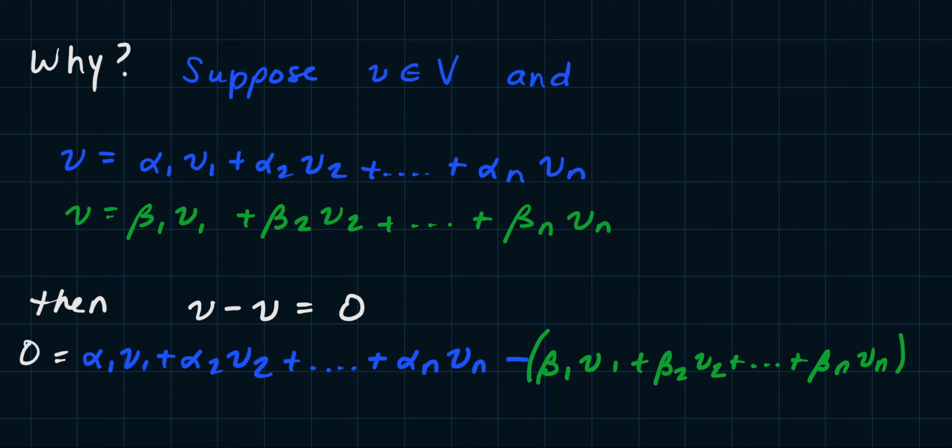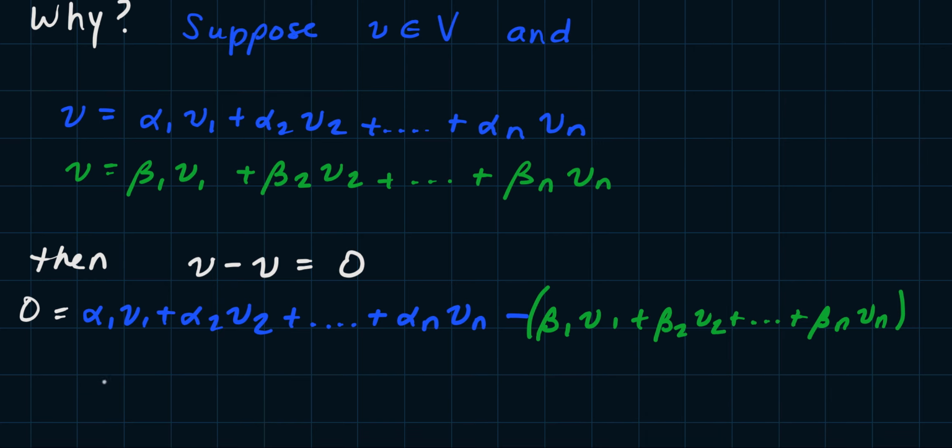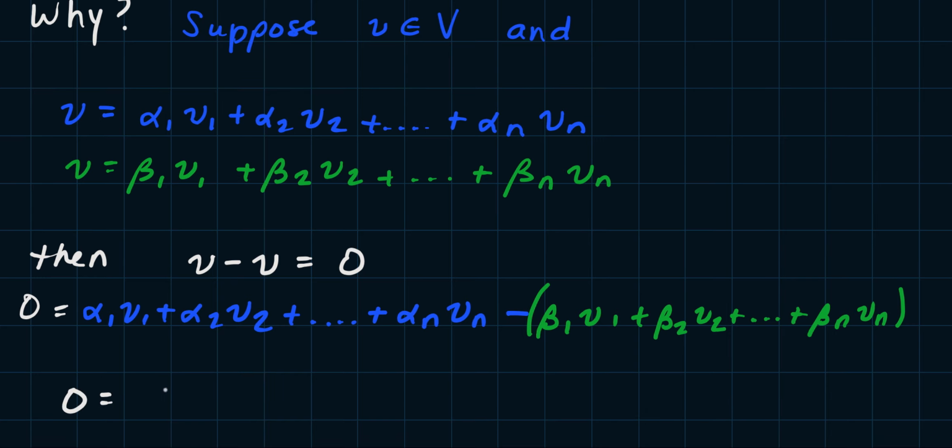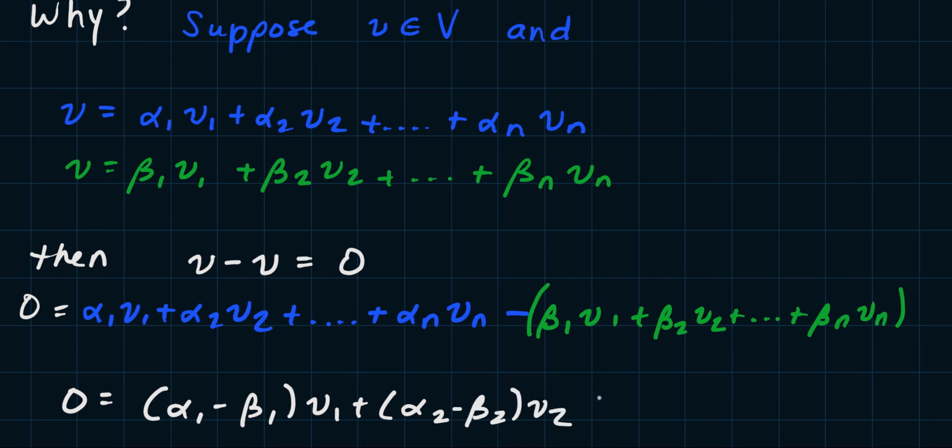Now, if we combine like terms, we see that 0 is equal to (alpha 1 minus beta 1) v1, (alpha 2 minus beta 2) v2, all the way to (alpha n minus beta n) vn.